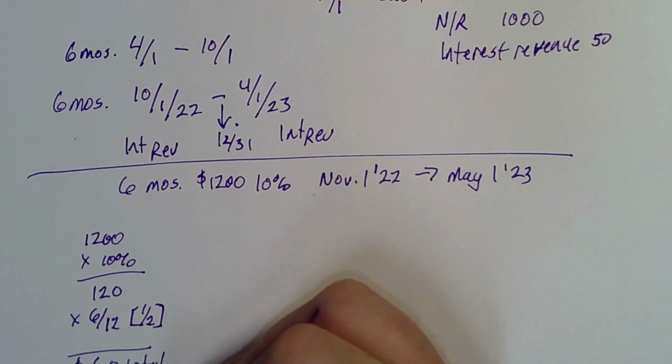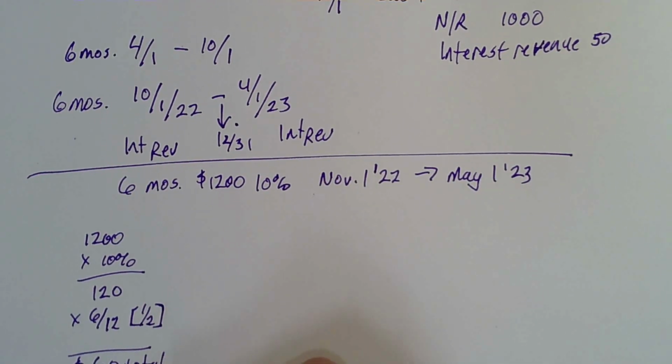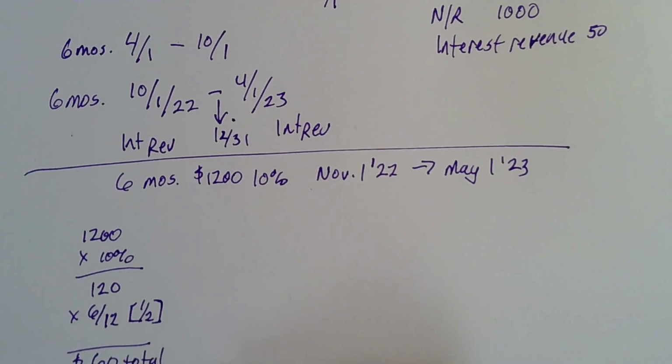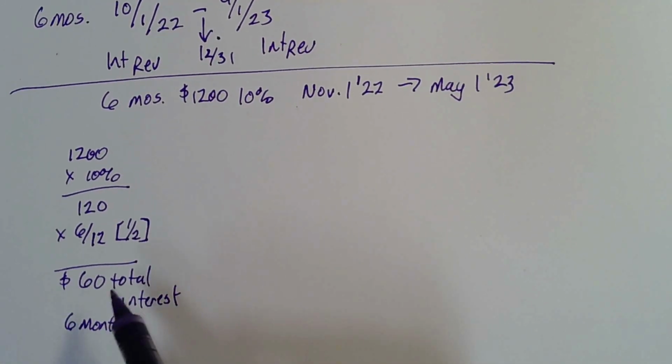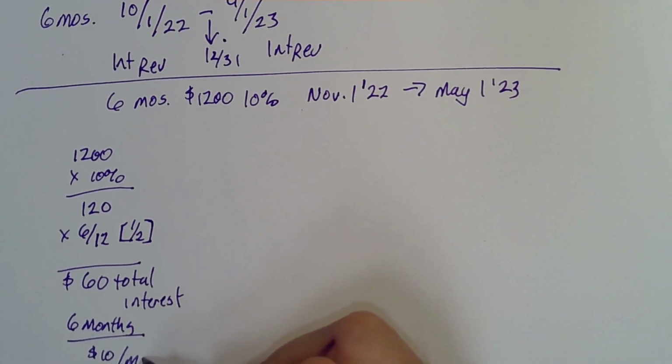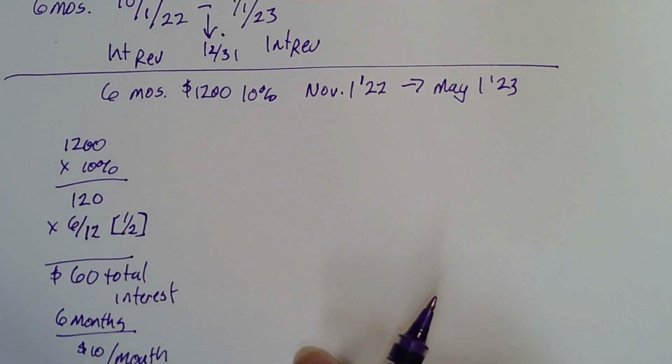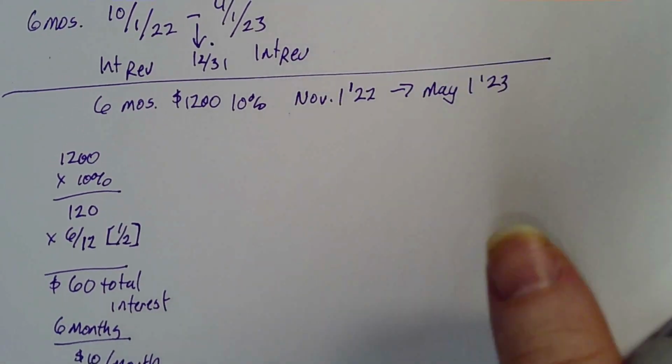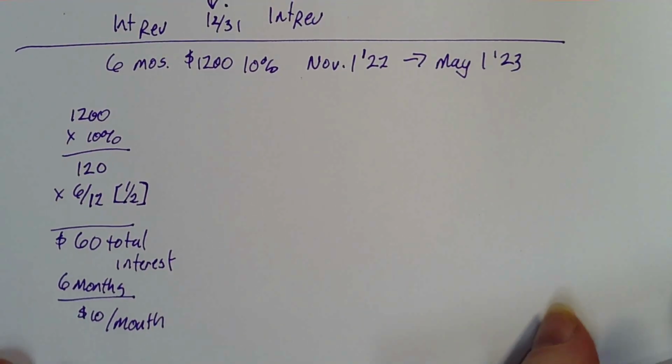Now, the reason why I did this is because the loan is for 6 months. So really what I've done is I've said that it is $10 a month. Just made my math a little easier to worry about. Right?